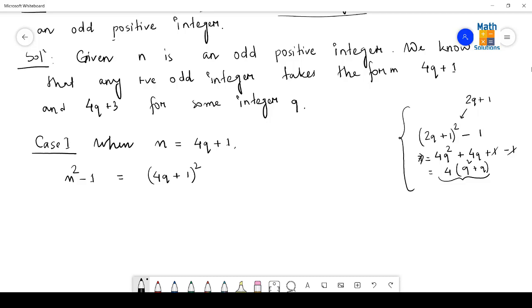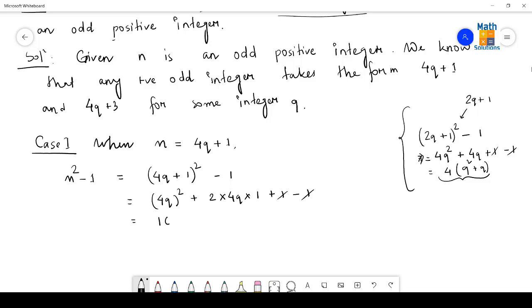Actually I am writing 4q plus 1 in place of n, minus 1. What result do we get? 4q whole square plus 2 into 4q into 1 plus 1 minus 1. 1 got cancelled.